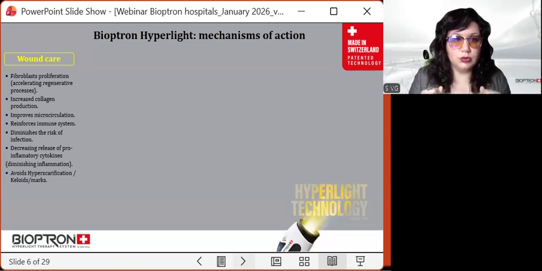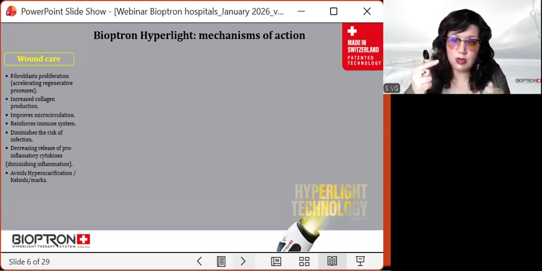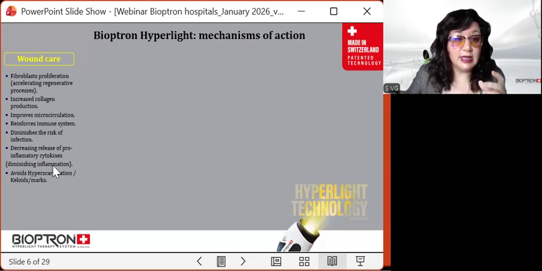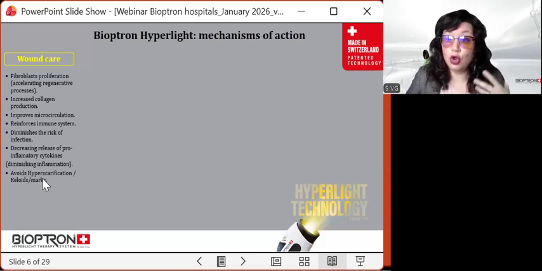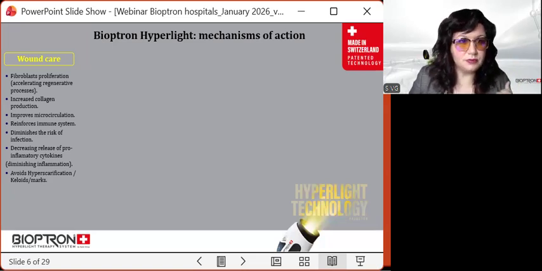It will help to close the wound. Of course, it will increase collagen production, which is very important to optimize this regenerative process. But as you will see, the collagen fibers are very well organized, and we will avoid hypertrophic scarring or keloids that we can observe in the future as a secondary effect.